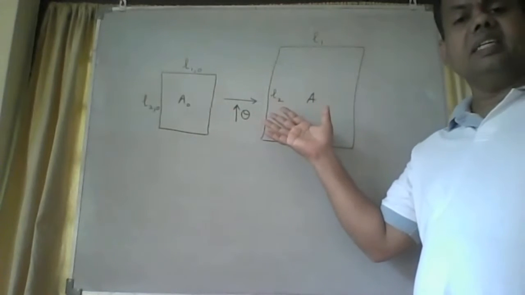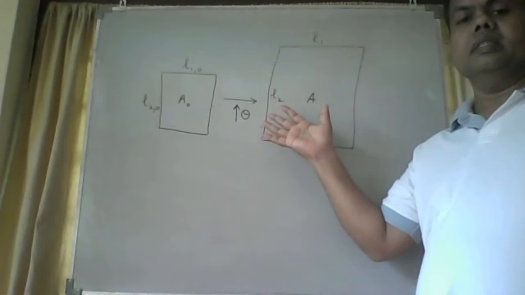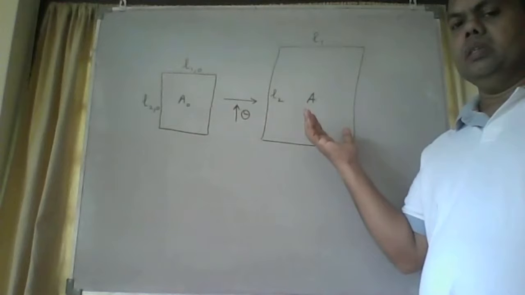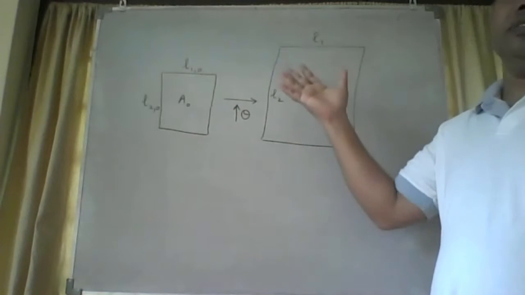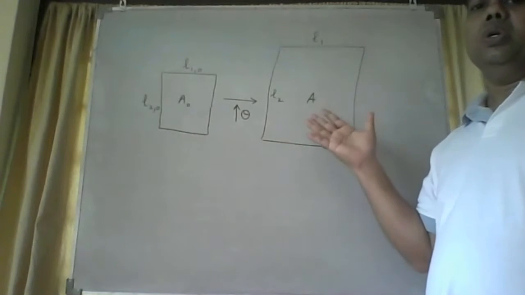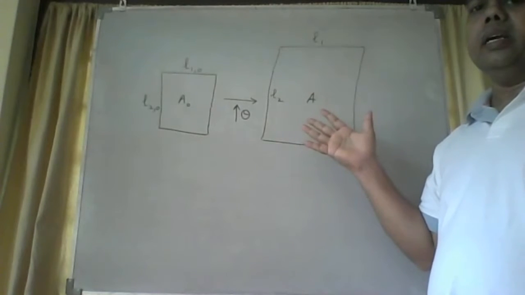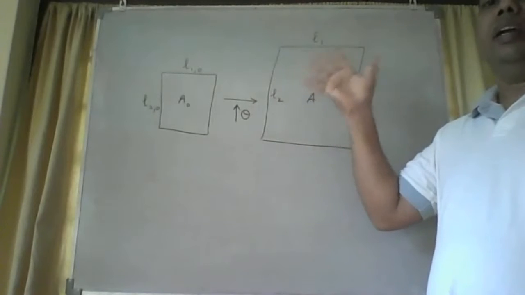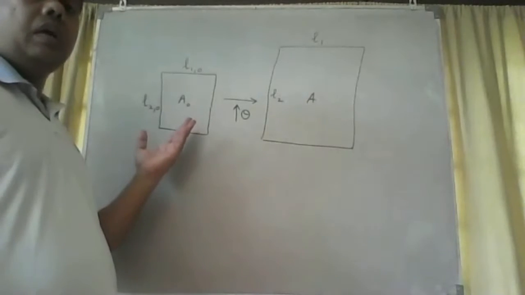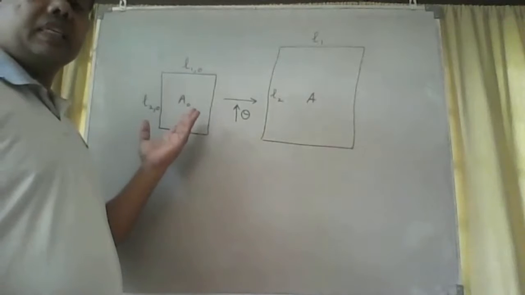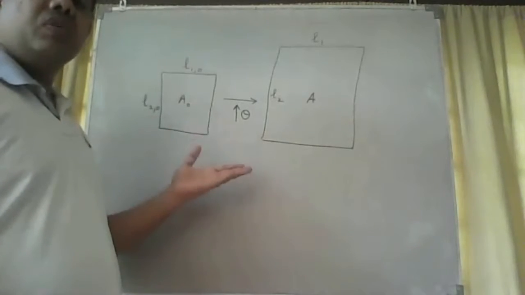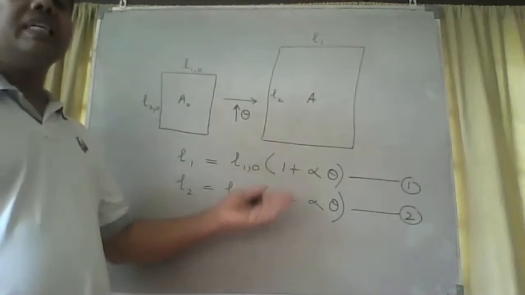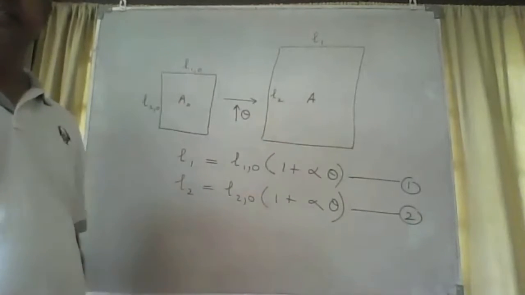By increasing the temperature by theta degrees Celsius, the area of the sheet will be expanded to A, whose side lengths will be L1 and L2 respectively. Now, using the linear expansion relationship, we can write the following two equations. Here, alpha is the linear expansivity of the same material.